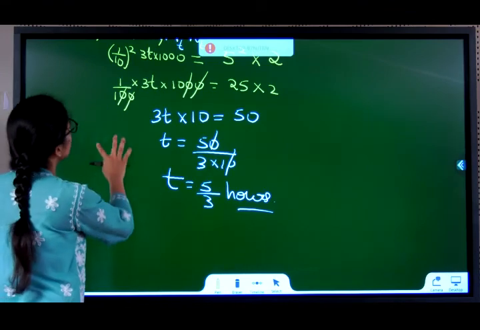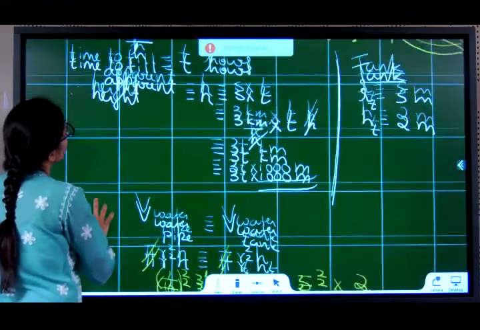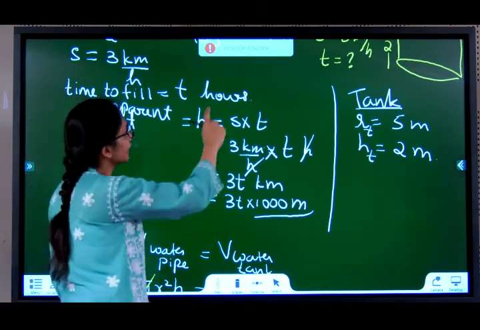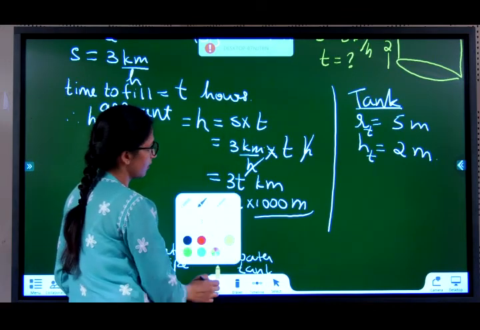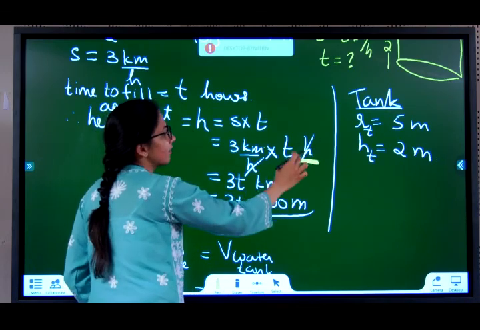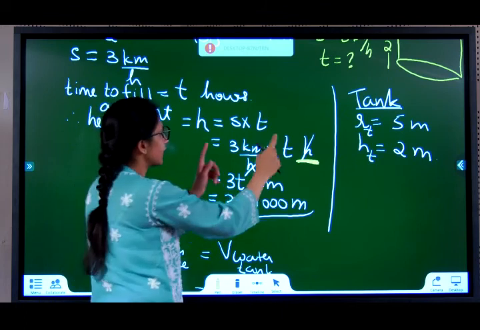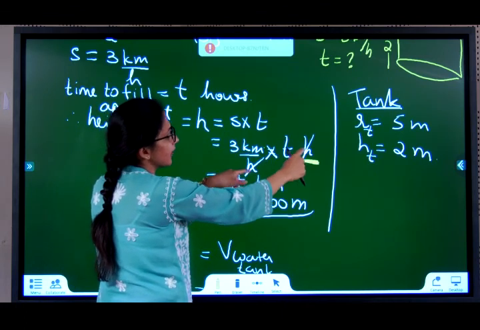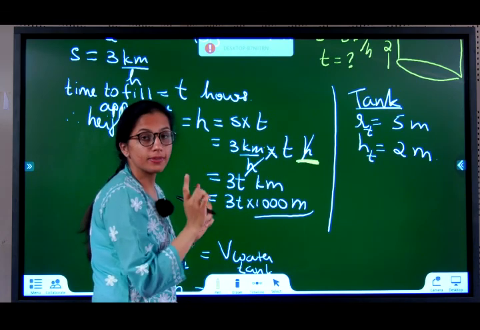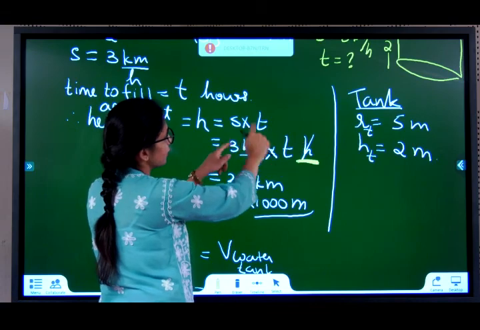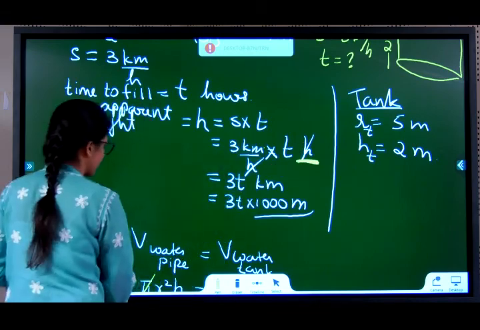Now if I just change it here from t hours to t minutes, is my job done? No. If you take this as t minutes, please observe, this will be minutes. If this is minutes and this is hours, they will not cancel. So whatever time you take should be the same quantity in both speed and time, then only it will get cancelled. Be careful, choose your time in such a way that they get cancelled when you multiply speed into time.